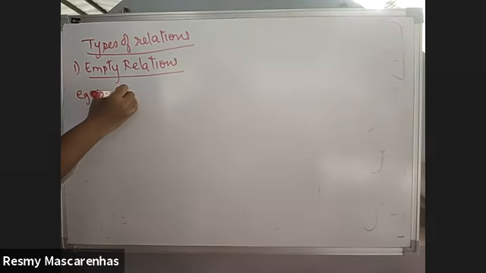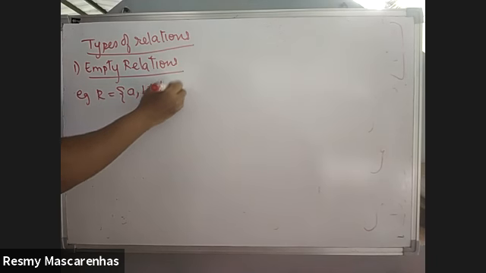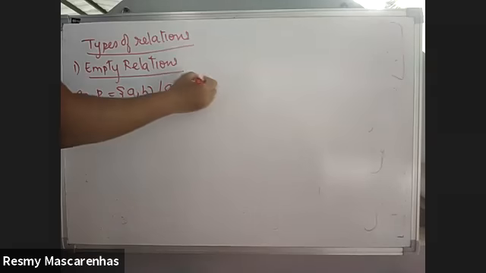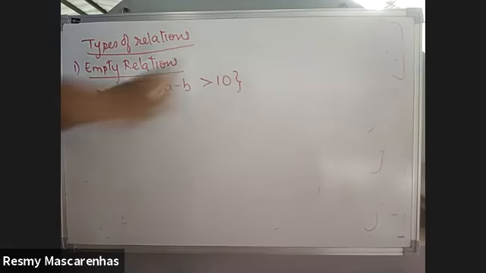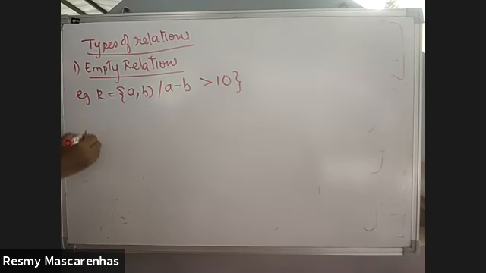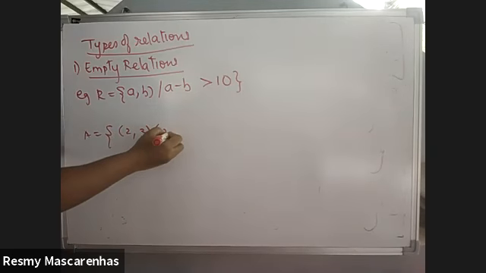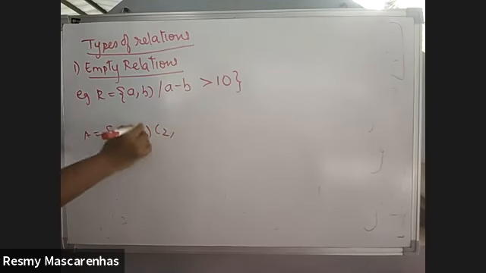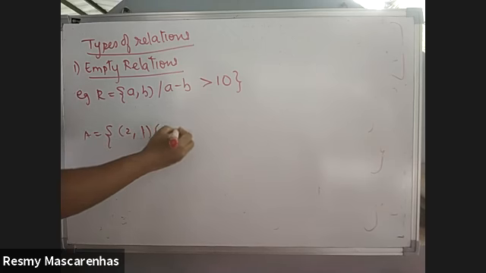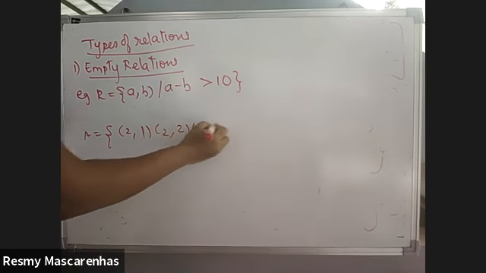R is A minus B is greater than 10. I am referring to the previous example only. What were the pairs? 2 comma 1, 2 comma 2, 2 comma 3, A cross B it was.